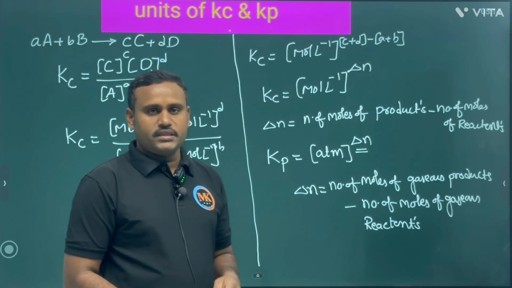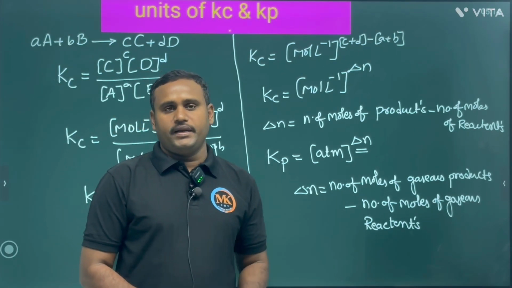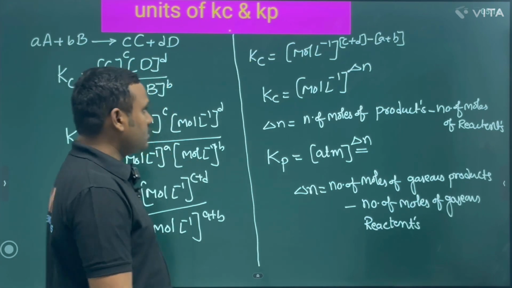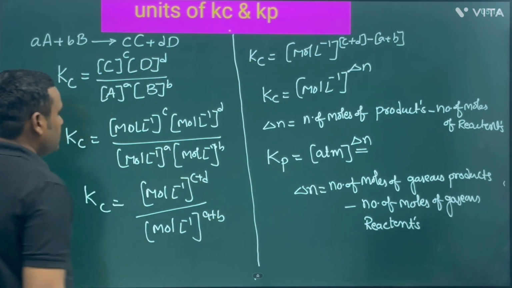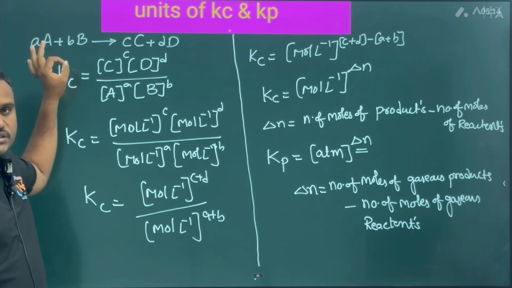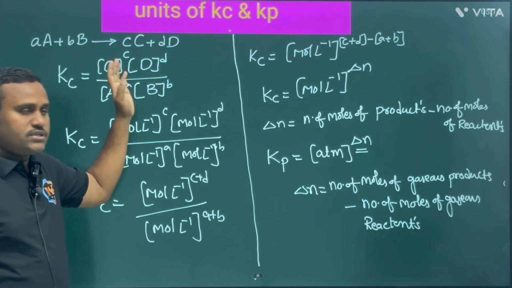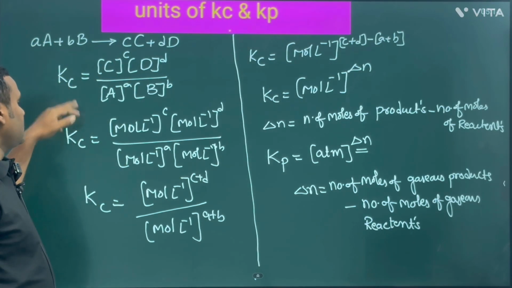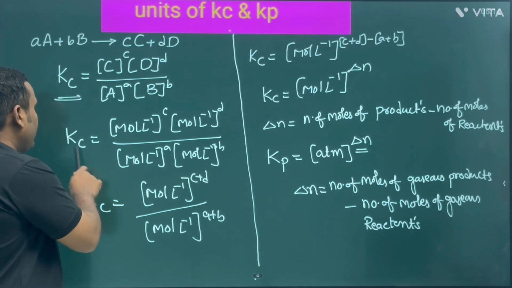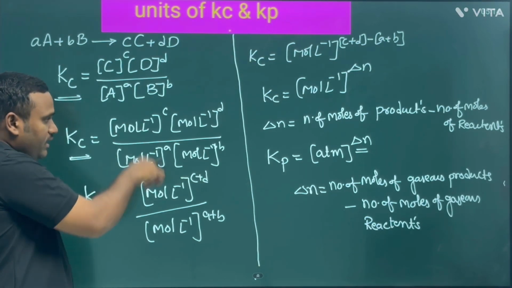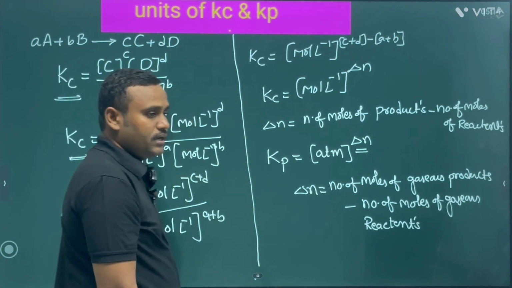So now let us take different types of examples and try to write the units of Kc and Kp. Okay. So this you understand: I just took a general, hypothetical equation, and for that I have written the equilibrium constant expression Kc. From that Kc, slowly we derived the units of Kc and Kp.